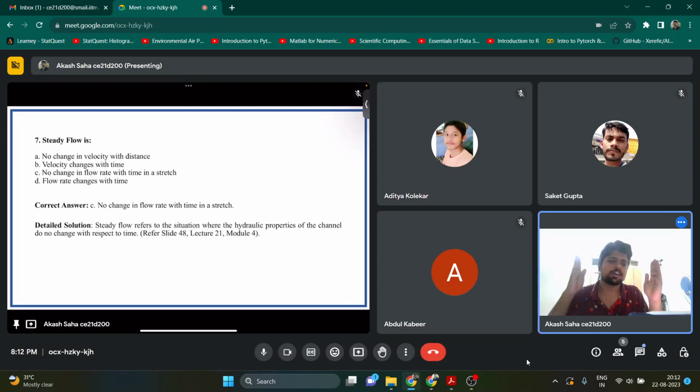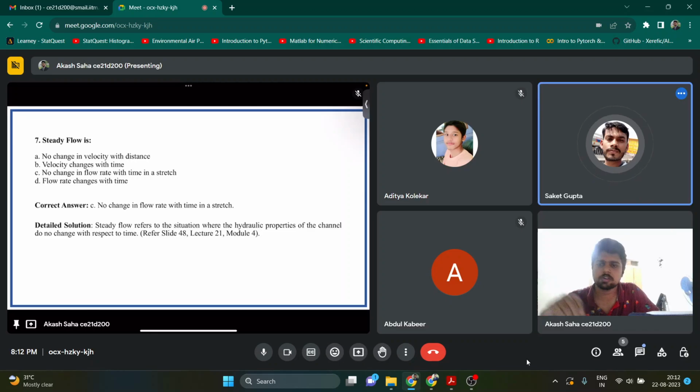It's a river and we are checking the flow rate at two points, point A and point B. If it is constant in both places, it will be a uniform flow. But for a steady flow to happen, it should be the same with respect to time. Is it clear? Yes, sir. Okay.